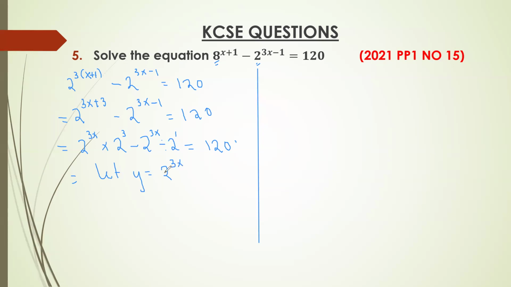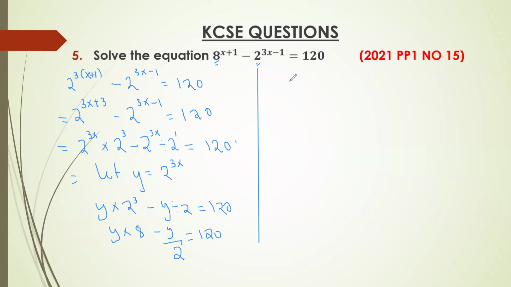Sawa. Haya, baada hapa the same formula, let y equal to 2 power 3x. So pale ambapo kuna hii utaika y, so itakuwa y times 2 power 3 minus y divide by 2 equal to 120. Obviously 2 power 3 ni 8, so y times 8 minus y divided by 2, just y over 2, equal to 120.